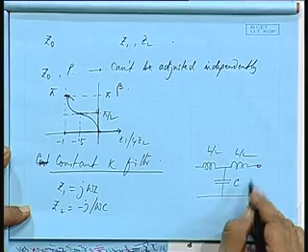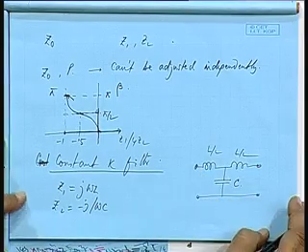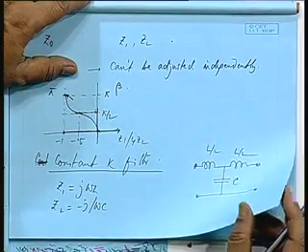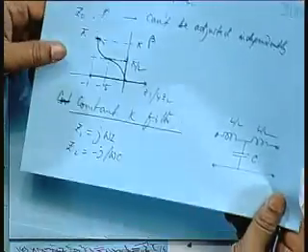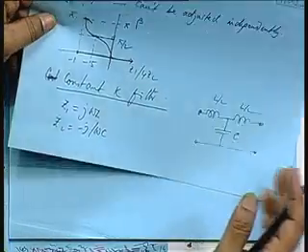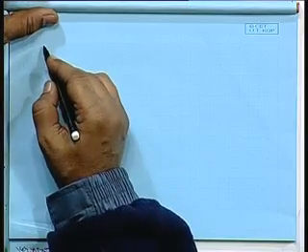Okay. What will be the characteristic impedance for this? We are considering for the time being only a T network, we can also see for the pi network.